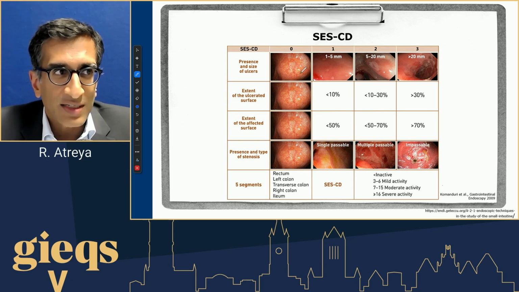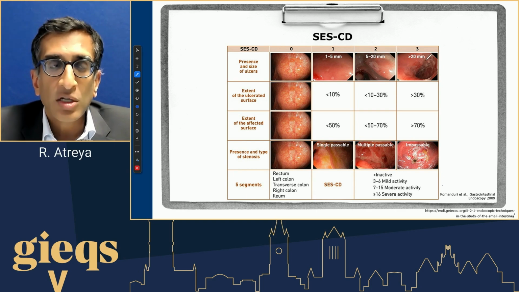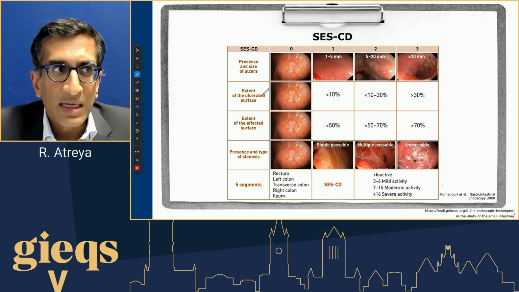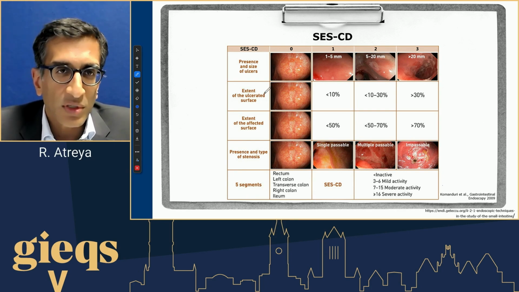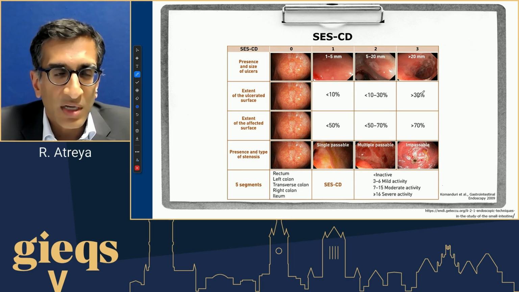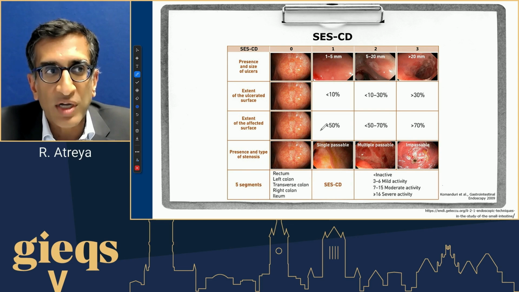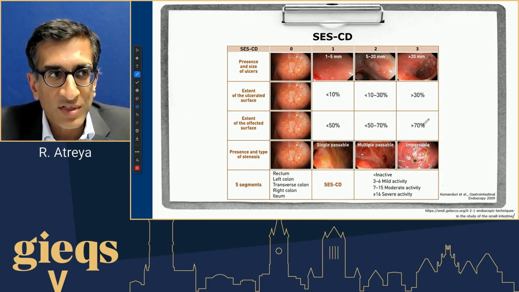So it's the presence and size of ulcers: 0 to 1 to 5 millimeters, 2 for 5 to 20 millimeters, 3 above 2 centimeters. The extent of the ulcerated surface, a semi-quantitative measure: none, below 10%, below 30%, above 30%. And the extent of the affected surface, where inflammation is present: below 50%, 50 to 70%, or over 70%.